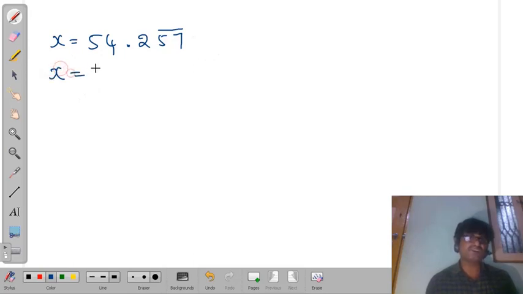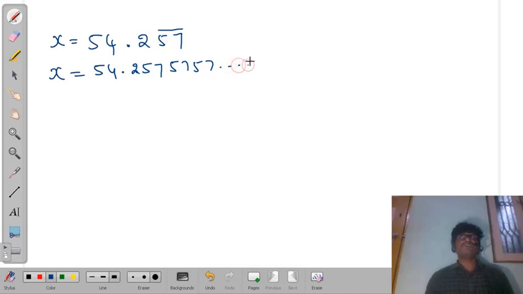So we can write x equal to 54.257, then 5 7 5 7 5 7, like that 5 7 is getting repeated. Now actually under the bar how many digits do we have? We have 2 digits. So we need to multiply both sides by 100.